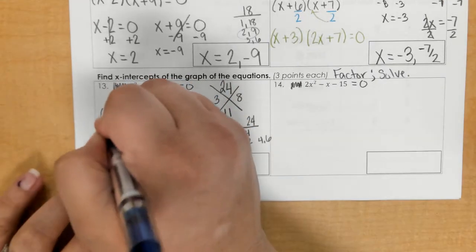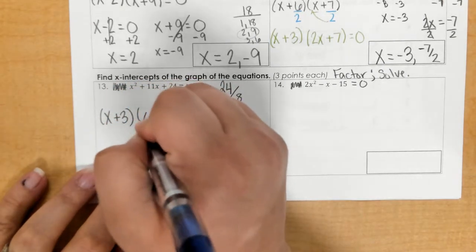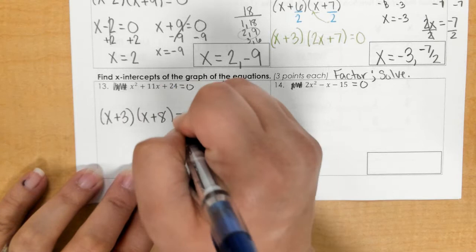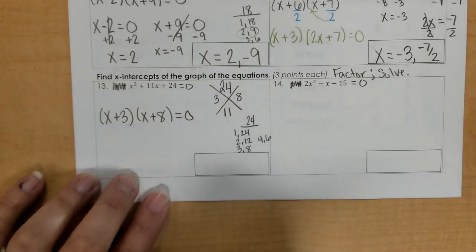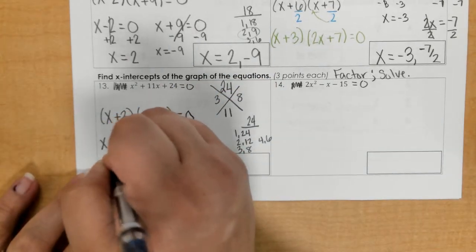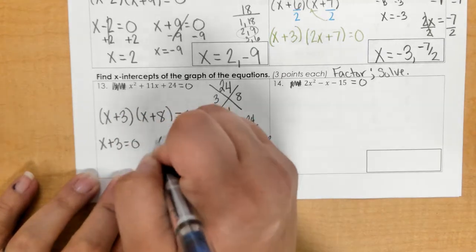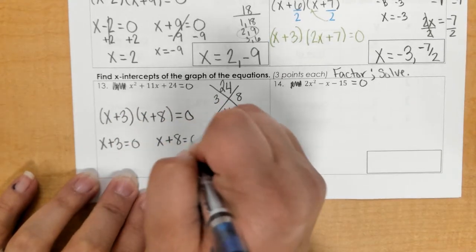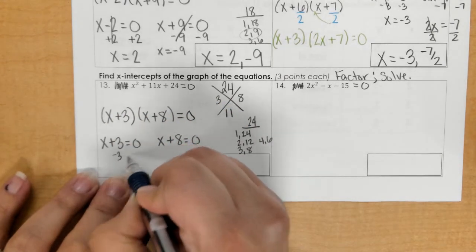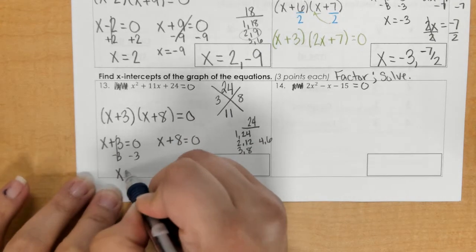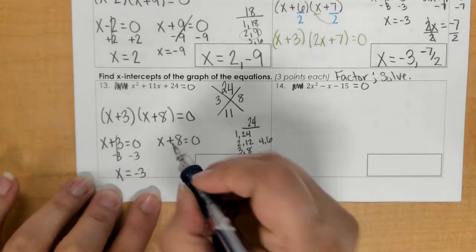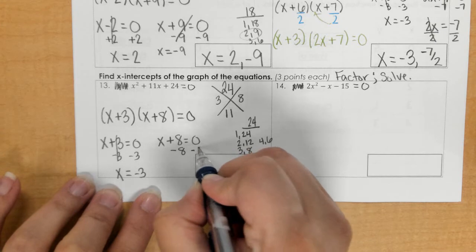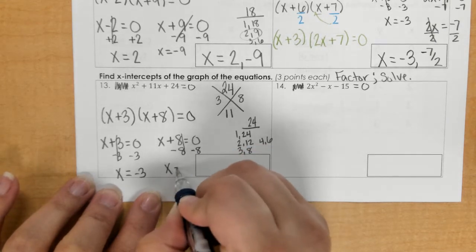So I would say x plus 3, x plus 8 equals 0. I solve each one, and I subtract 3 and get negative 3. Subtract 8 and get negative 8.